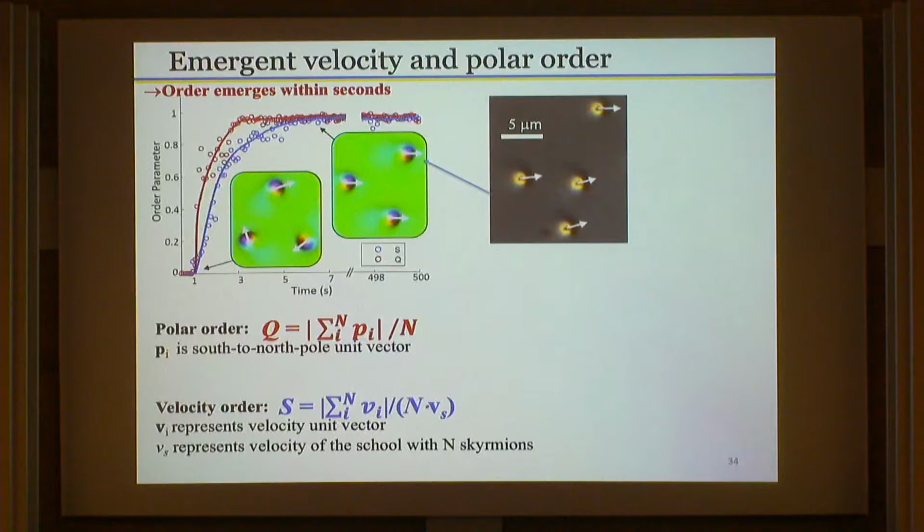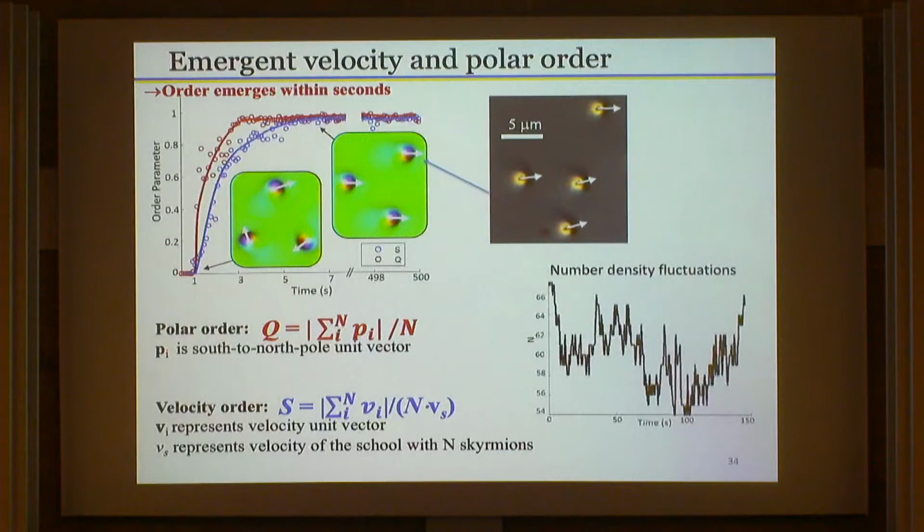So all these vectors that connect the south and north pole pre-images start pointing in the same direction, and also the velocity order parameter, so they all start moving in the same direction within several seconds.